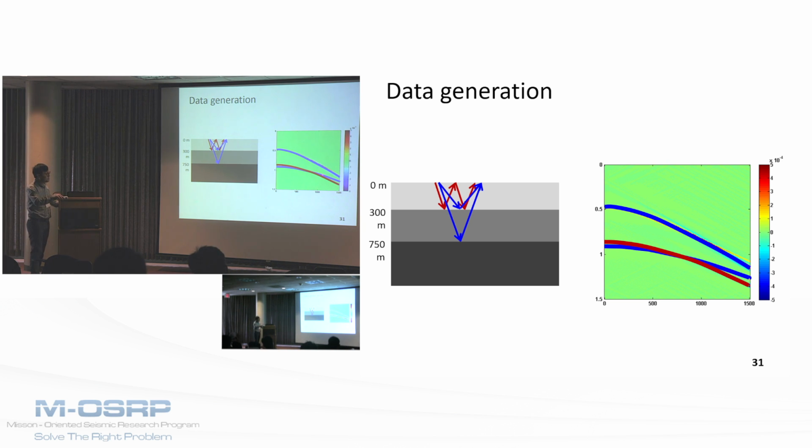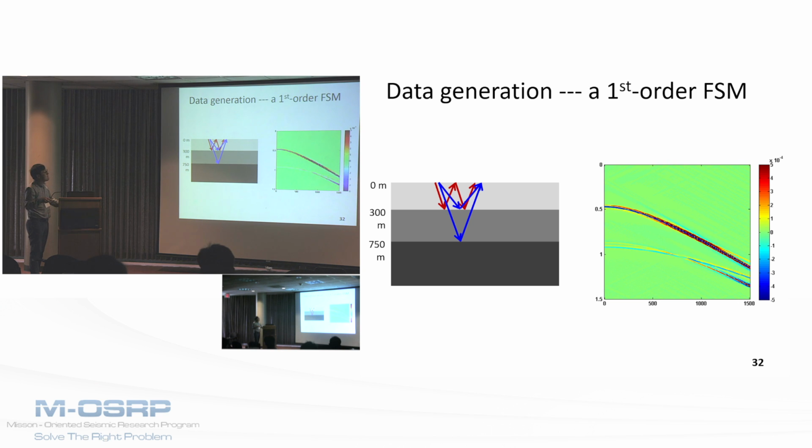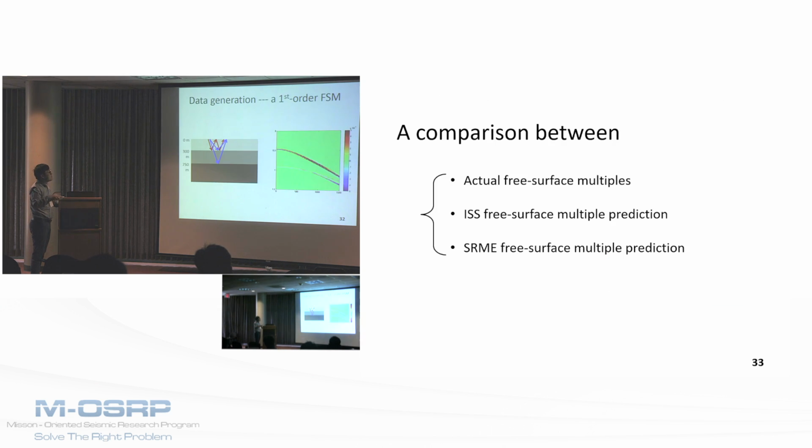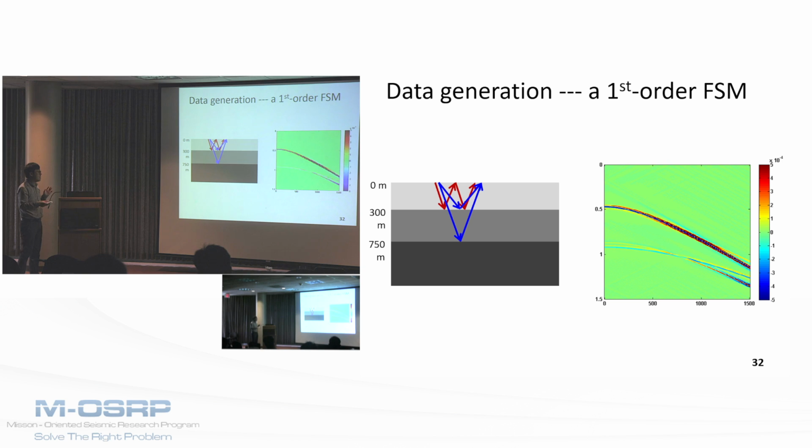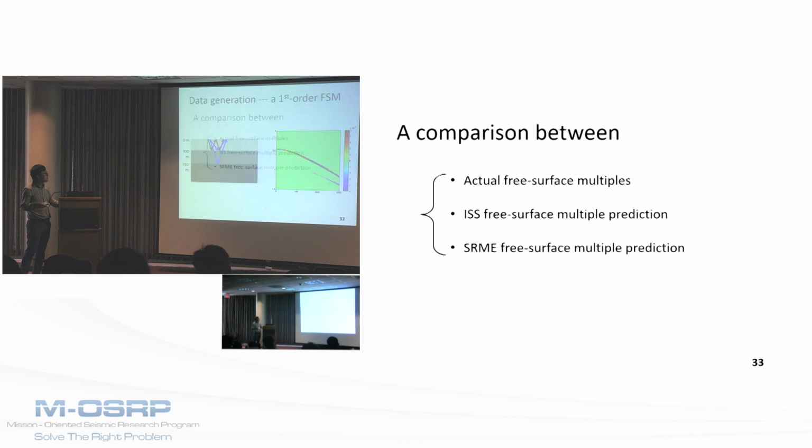Actually, the free surface multiple is interfering with the second primary around the offset 750 meters. So given this input data, we put it into the two prediction algorithms and compare the prediction of the free surface multiple to the actual free surface multiple in the data, which will serve as a benchmark to evaluate the accuracy of these two algorithms.